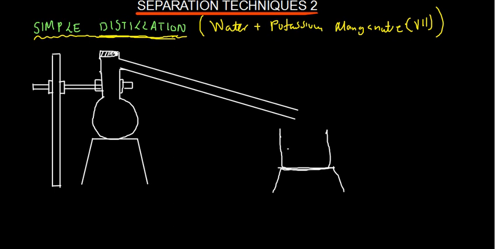And then also here we are going to put a condenser, and this condenser is going to have two openings. One opening is going to be here, another opening is going to be on top here. Please take note of that, very very important. Okay, we are going to close here. To support this condenser, we are going to also put another clamp so that it doesn't fall.